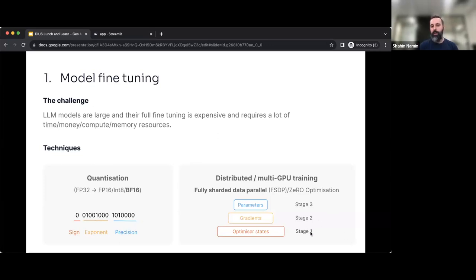There are 3 different stages in ZeRO optimization. Stage 1 splits the optimizer states into different GPUs, and it keeps a copy of the gradients and parameters in each GPU. The next step is stage 2, where you can split and shard the gradients among your GPUs. And stage 3 is parameters, where you basically split the whole GPU memory among the different GPUs that you have.